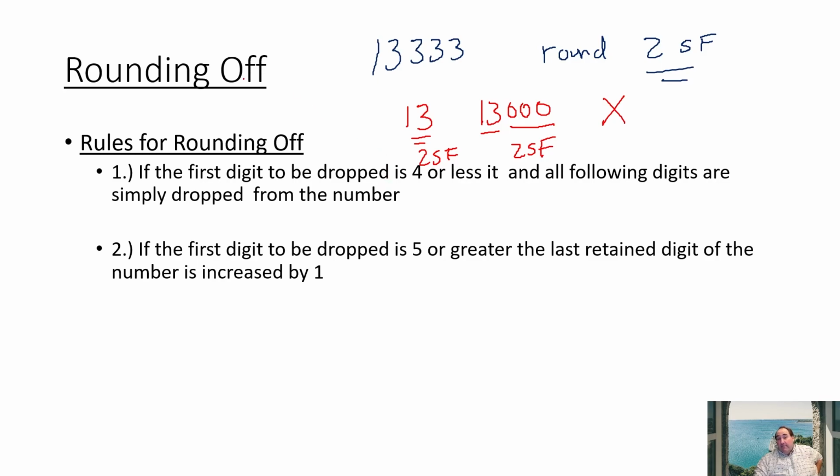Let's just say this was money here, and I owed you $13,333. And I said, you look like a good chemistry student. I'm just going to give you 2 significant figures. Here's $13. We're good. We're even. Thank you very much. Shake your hand, walk out the door. Probably not so much there, right?